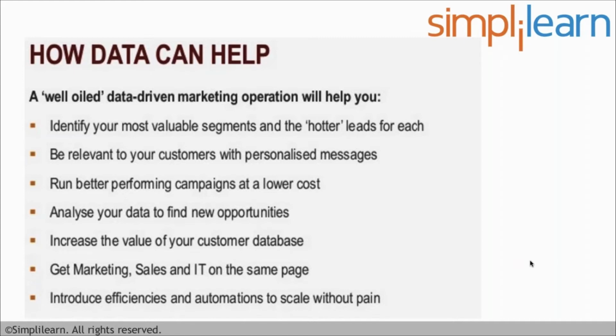And the last benefit of data is to introduce efficiency with automations, which I mentioned, to scale without pain. So automation platforms like HubSpot and Marketo, which I've worked on a lot, help get data-driven digital marketing campaigns working perfectly.